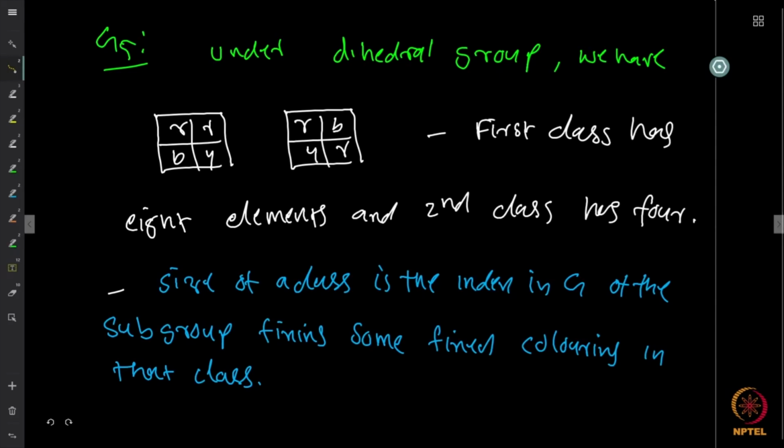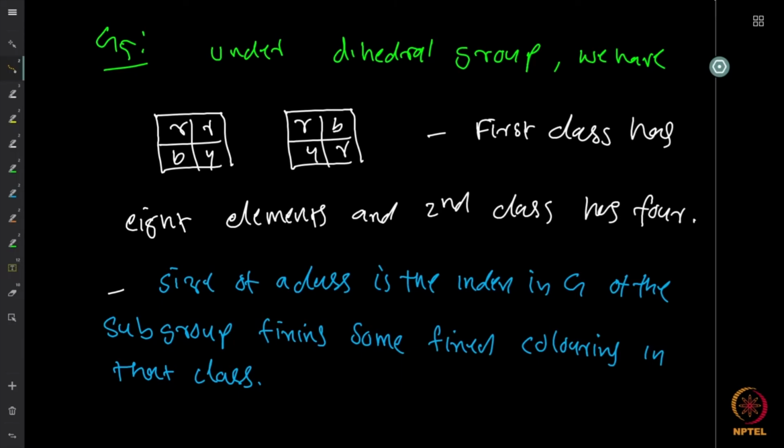You will see they are different because under the reflection, these R and R, right, will not change, and therefore you have fewer elements in this class, and you can verify that this has 8 elements, right? So if you do all possible rotations and reflections, you will see that this will lead to 8 different objects.